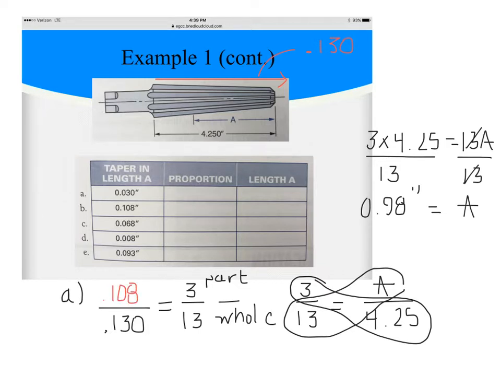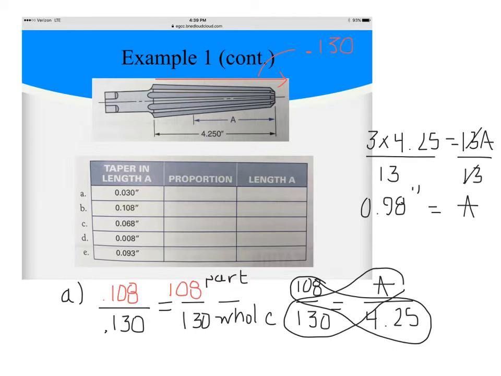And to figure out the proportion of the total amount of taper, we'll need to divide that by the total amount of taper. So if we divide 0.108 by 0.130, we'll have 108 over 130, which could be reduced, but doesn't have to be. So 108 over 130. There's the part over the whole in terms of the taper.